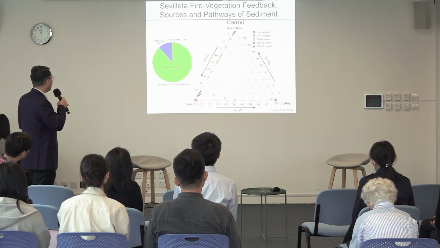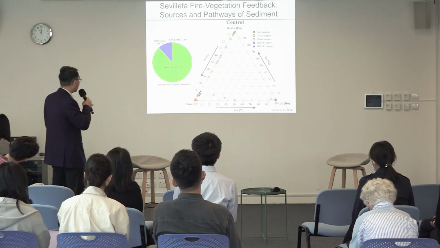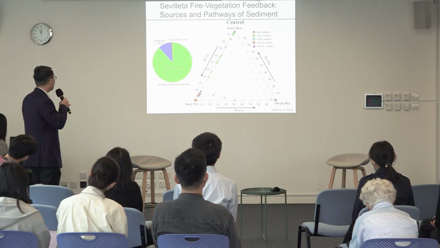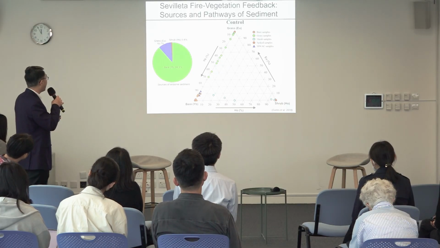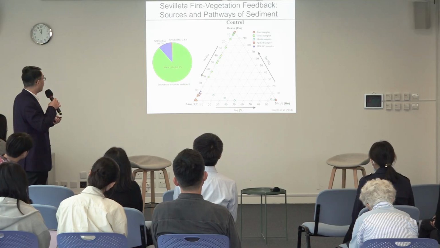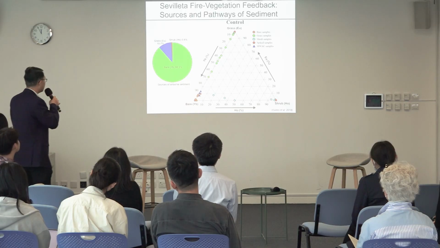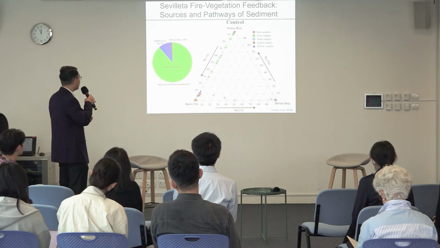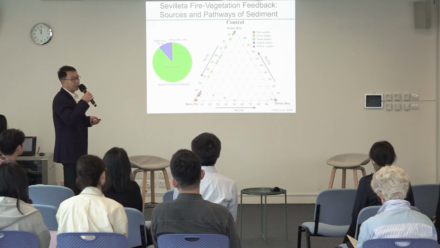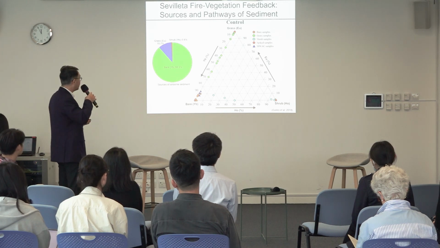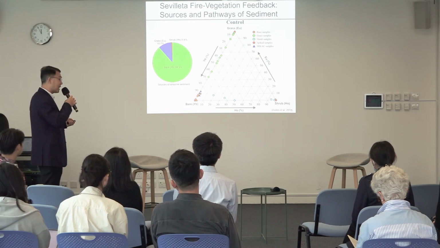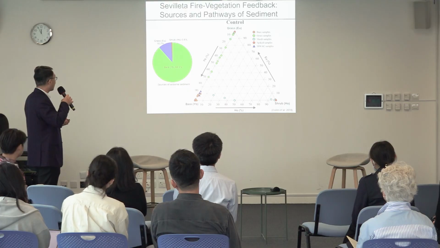And then more recently, we got a National Science Foundation grant, and we studied the relationship between fire and vegetation feedback processes. There's a lot of technical details involved. I'm not going to really go into those technical details. What we did was we used rare earth elements as tracers to identify how these sediments move on the ground and where they move to, right?